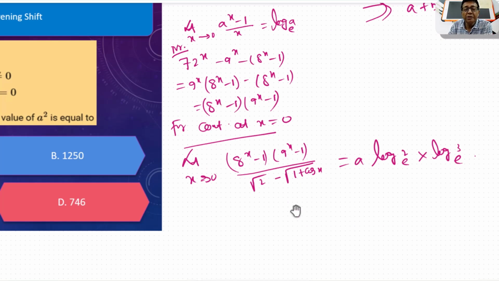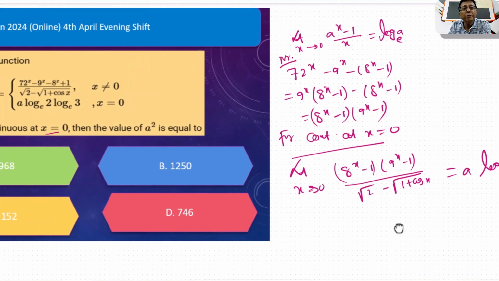You know, this is the condition for continuity of a function. As the function is not given separately for less than 0 and greater than 0, we can use it at both places. That's why.